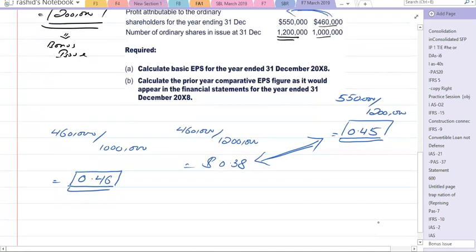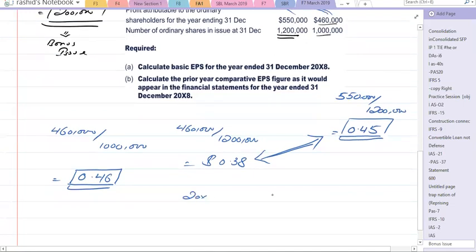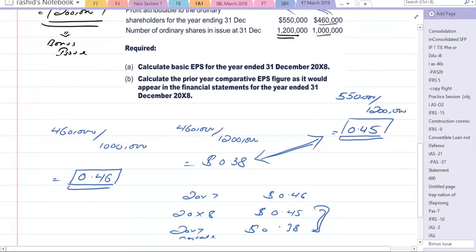The 20x7 figure was $0.46, the 20x8 figure is $0.45, and the 20x7 restated figure is $0.38. Due to the bonus issue, the previous year EPS was 0.38 and now it is 0.45, so the EPS has increased.